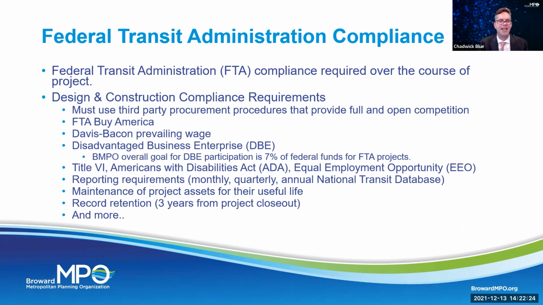In addition to that, you need to follow disadvantaged business enterprise, DBE. The Broward MPO has an overall goal of 7% of the project needs to go to a DBE. So we're really, really looking to meet that goal with every project that we undertake. And if we can't meet that for some reason, we need to make sure we document it and we say exactly why we couldn't.